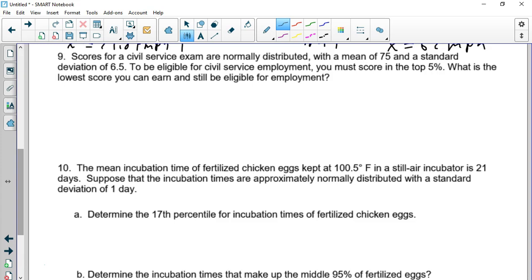All right. Mean of 75. Standard deviation of 6.5. You must score in the top 5%. Okay, so let's think about that. The top 5%. That's 0.05.